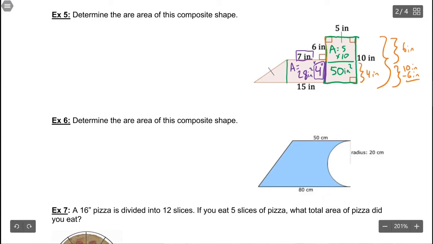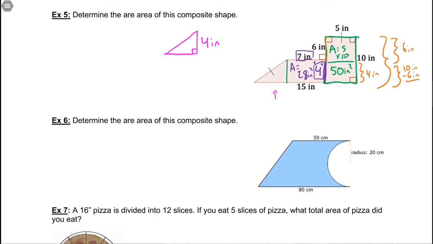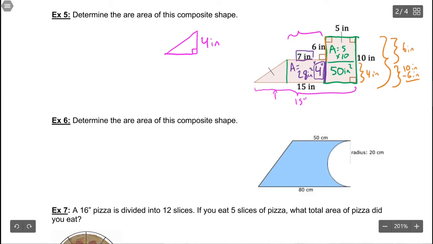Last piece here is the triangle. So my triangle, I'm going to draw out here because I'm running out of space. It's 4 inches tall. But what's this length down here? Well, the whole thing is 15 inches. I've used up 7 inches here, and I've used up 5 inches here.